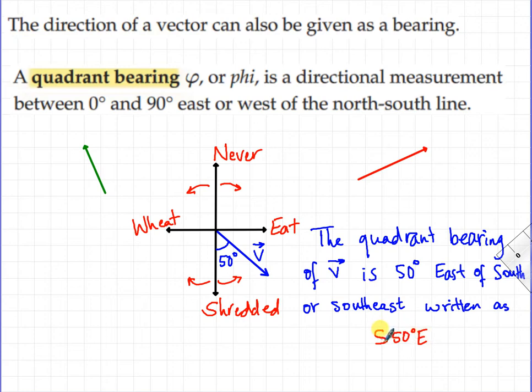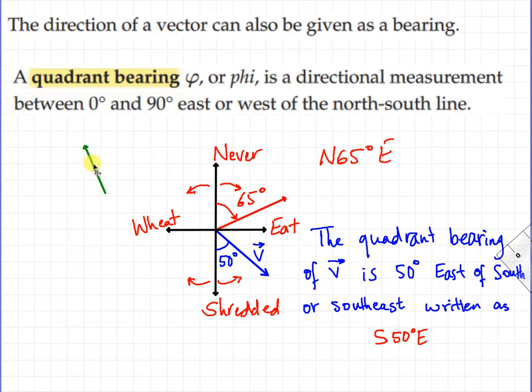So first comes S, then E. If I have another vector over here, the quadrant bearing is the angle from north. Let's say it's 65 degrees. So this arrow has a quadrant bearing of 65 degrees east of north.